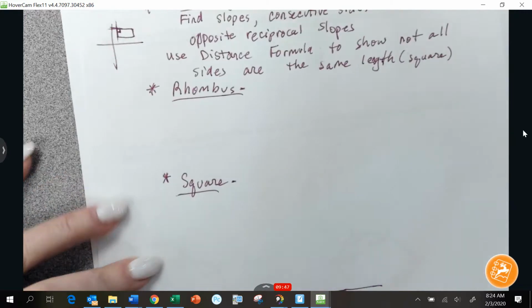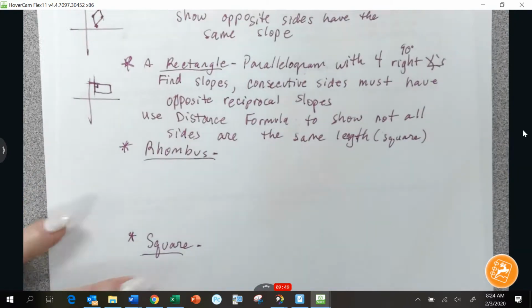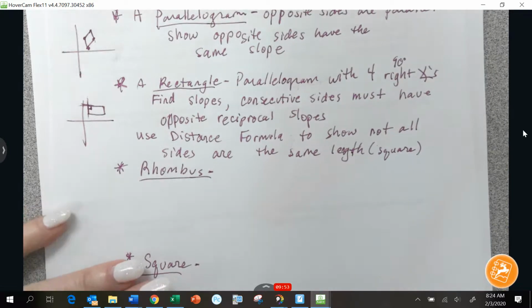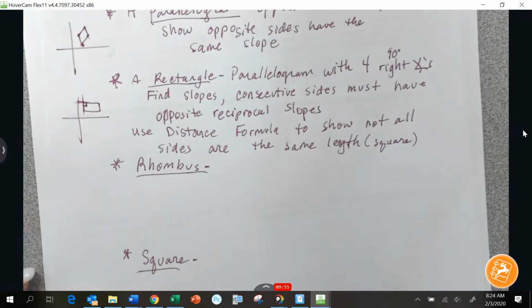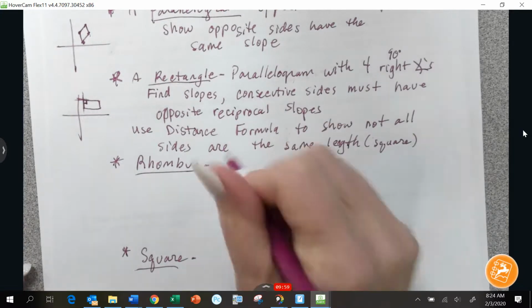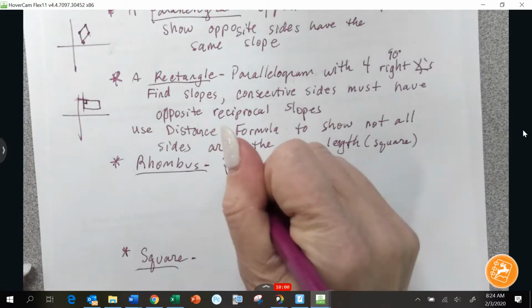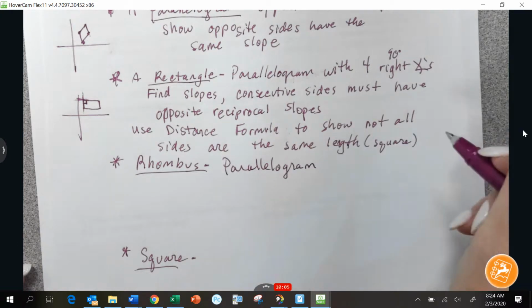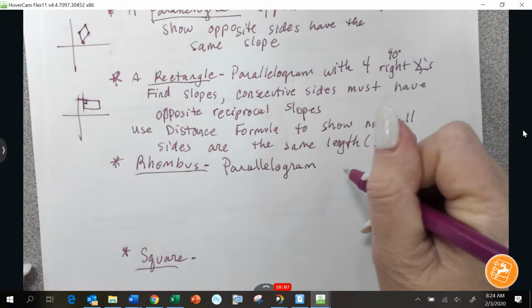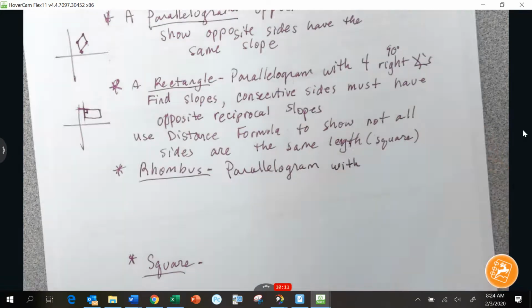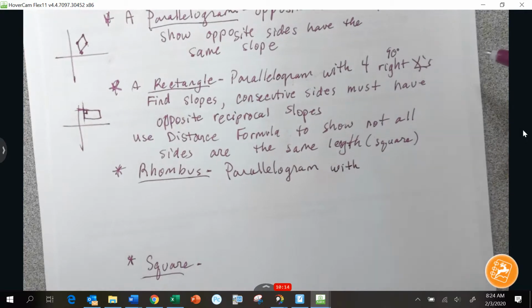Okay. Two more. We've got rhombus. What is the definition of a rhombus, Maggie? Well, the rhombus has opposite, well, it's a parallelogram, but it's consecutive. Look at the very top of that flip book.